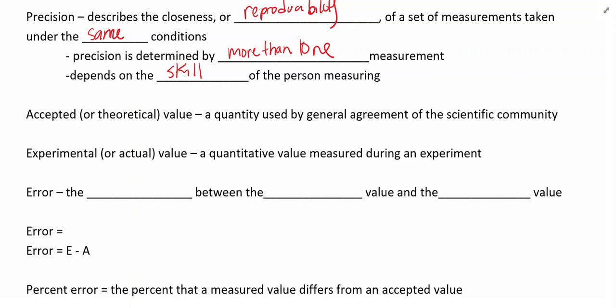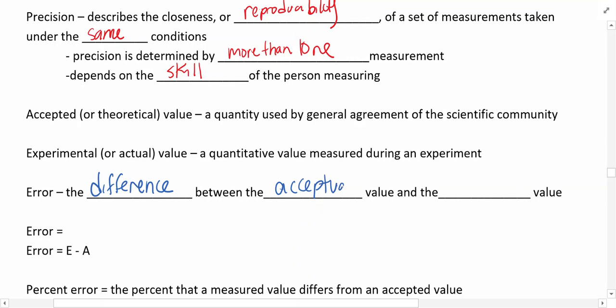But error we define as the difference between the accepted and the experimental.